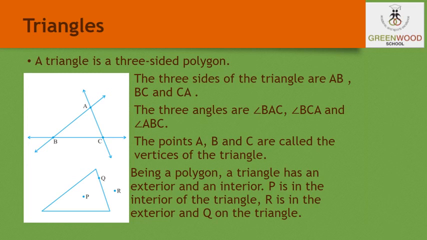Now we have three vertices A, B and C. Being a polygon, a triangle has an exterior and interior as well. As you can see in the second figure, we have point P in the interior of the triangle, point Q is on the triangle and point R is in the exterior of the triangle.